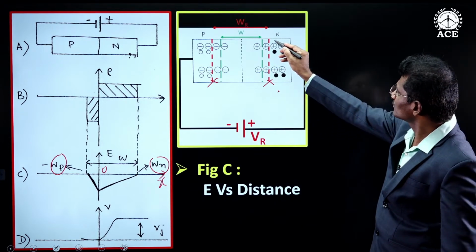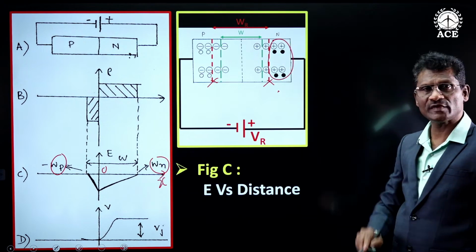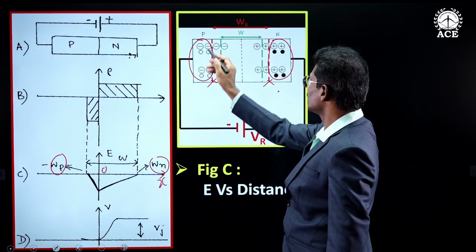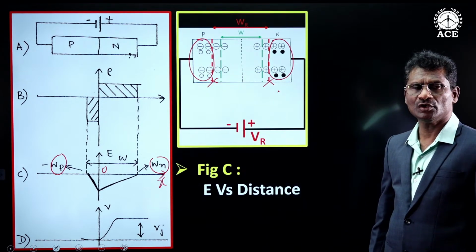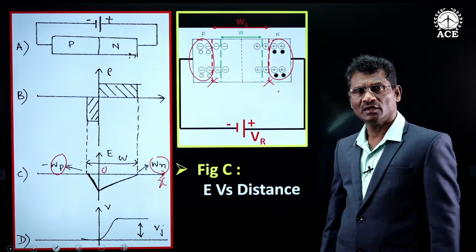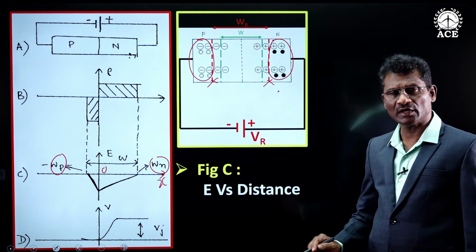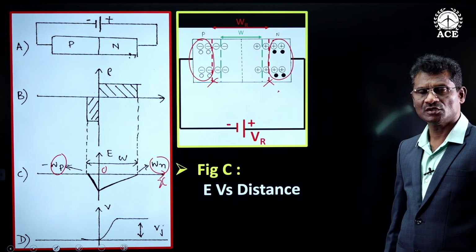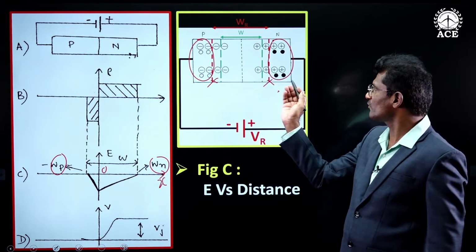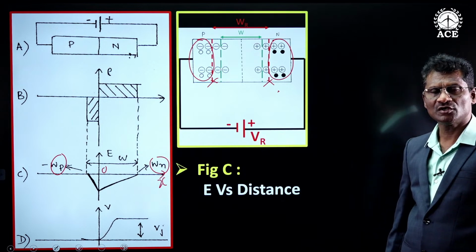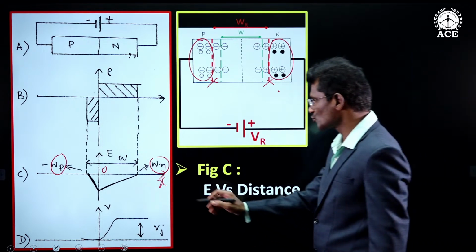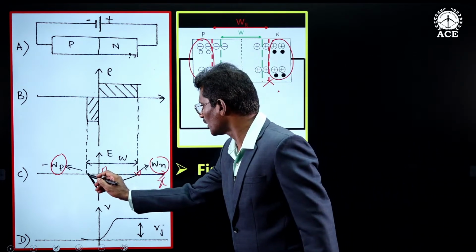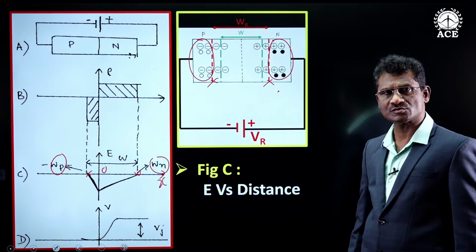To the right side of this, what do we have? Neutral atoms. To the left side of this, what do we have? Neutral atoms. As we know that electric field can exist only across negative or positive ions or across ions. So by the time you come to the end of depletion region, electric field should definitely become zero. That's what we observe. At Wn, electric field has become zero, and at Wp, electric field has become zero.